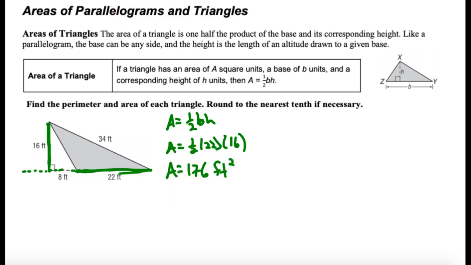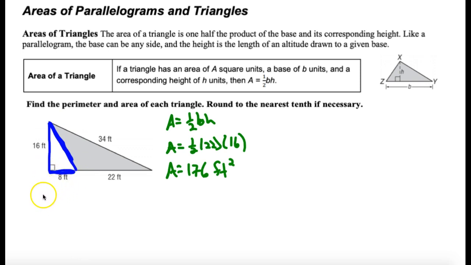Now, to find the perimeter, we are missing a piece. Let me clean this up a little bit. We are missing this side. If I look at this information over here, this side is the hypotenuse of a right triangle.